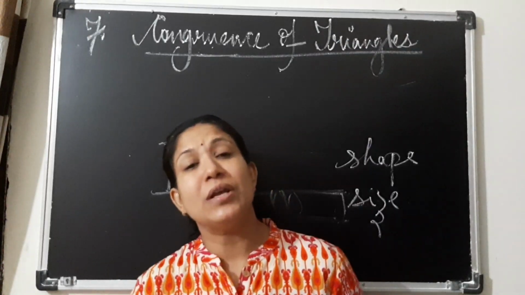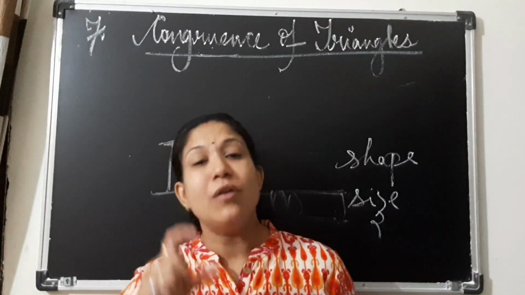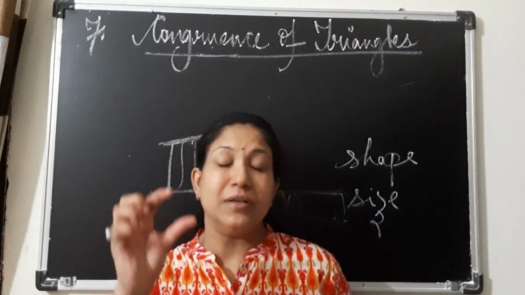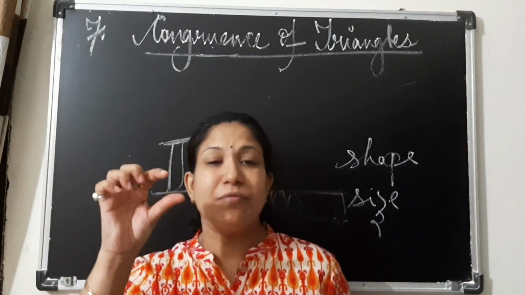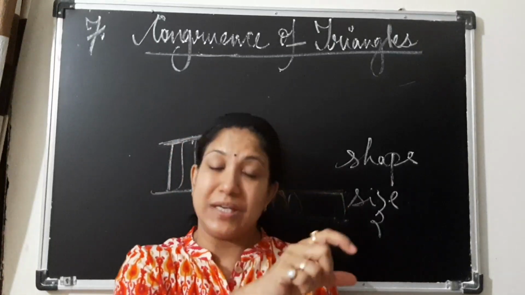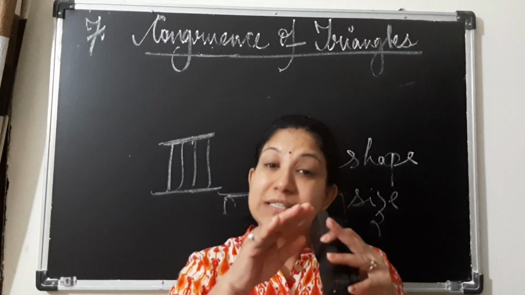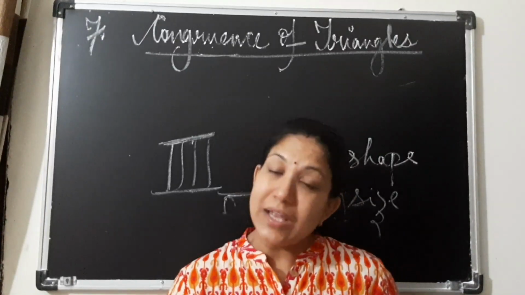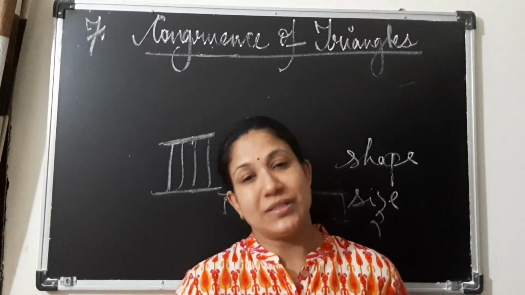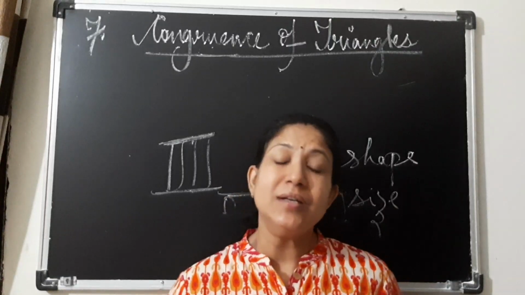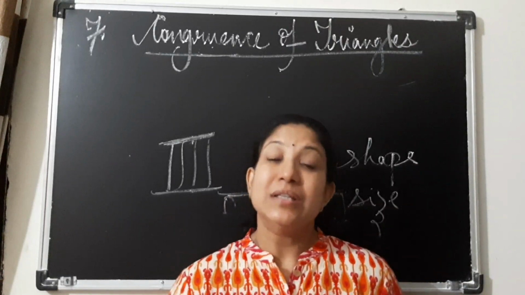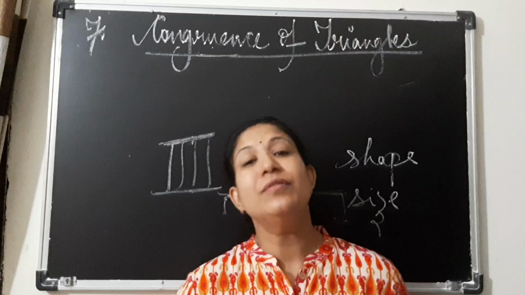Here you can also take the cut of the figure. You can cut the figure, take it out, and place it over the second. Then also you can see whether they are completely and exactly over each other. Then you can say the two objects are congruent. And the third is by congruency rule. This we will learn for congruence of triangle.